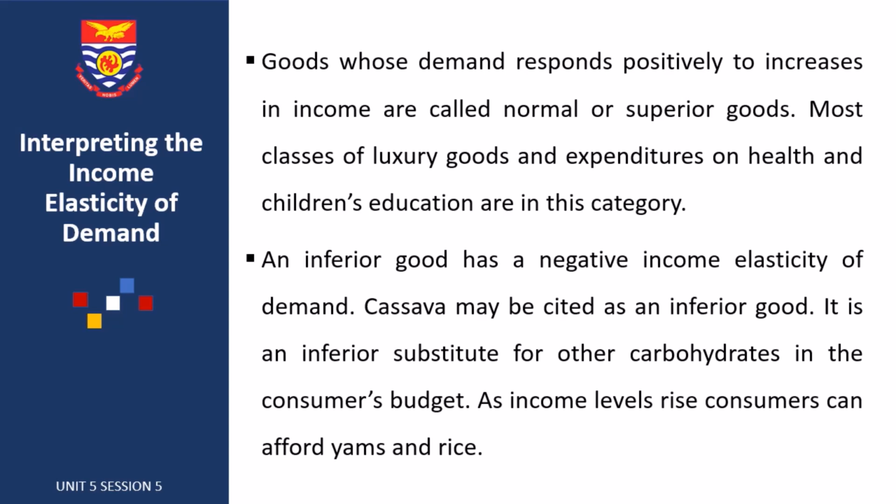We have talked about this in other sessions. Goods whose demand responds positively to increases in income are called normal or superior goods. Most classes of luxury goods, and expenditures on health and children's education, are in this category.